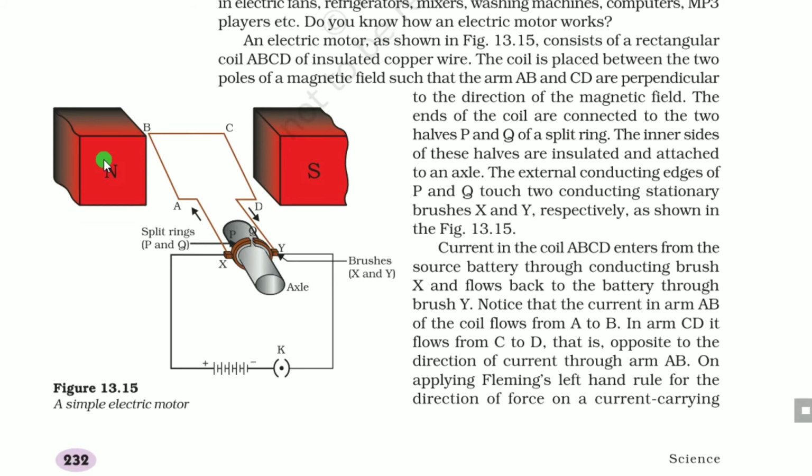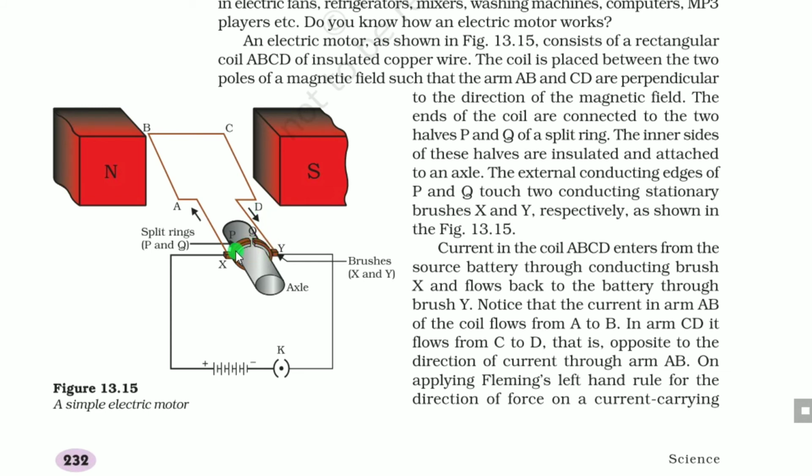So tell me, at that position how will it move? If the current is not flowing, then force will not be applied. If force is not applied, then the axle, that is the armature, will not move, but it is moving. Inertia, that is the inertia of motion.